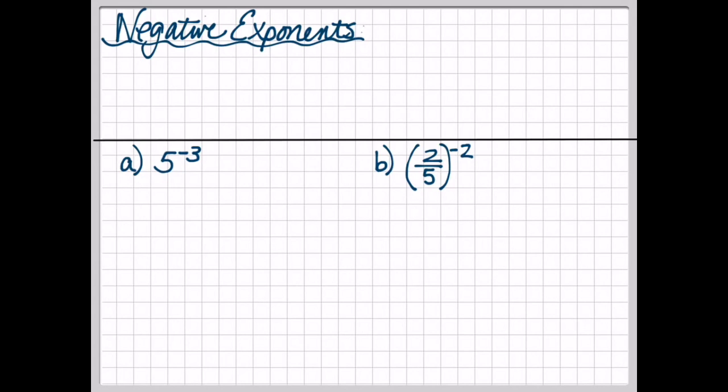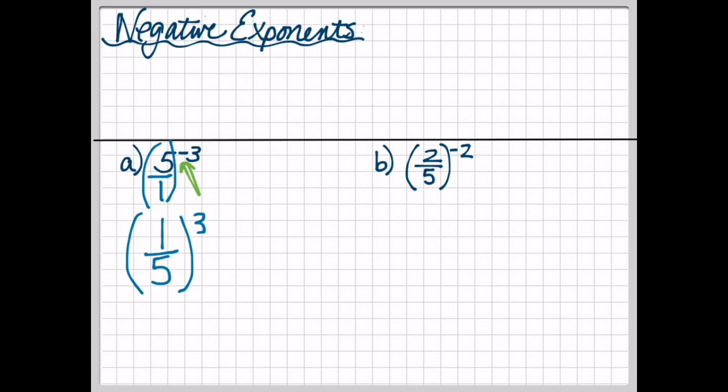So if we take a look at 5 to the negative third power, that's really 5 over 1, that whole quantity to the negative third power. So to take care of that negative symbol, we're going to have to flip that fraction. So instead of 5 over 1, we're going to make that 1 over 5, that whole quantity to the third power.